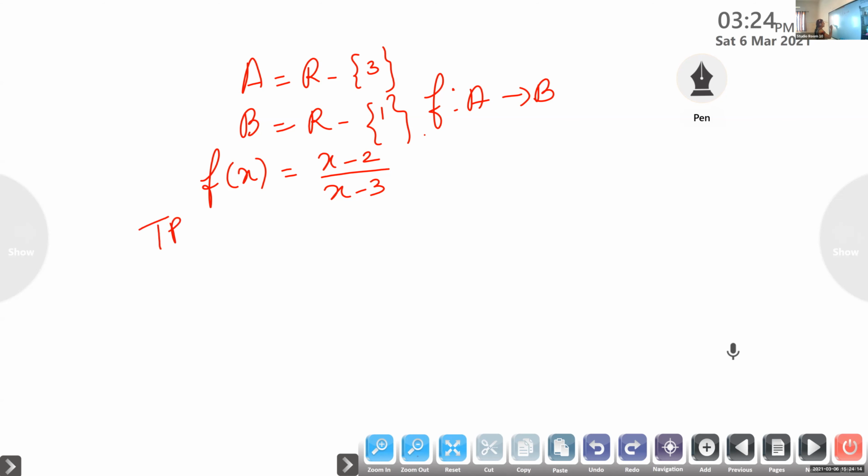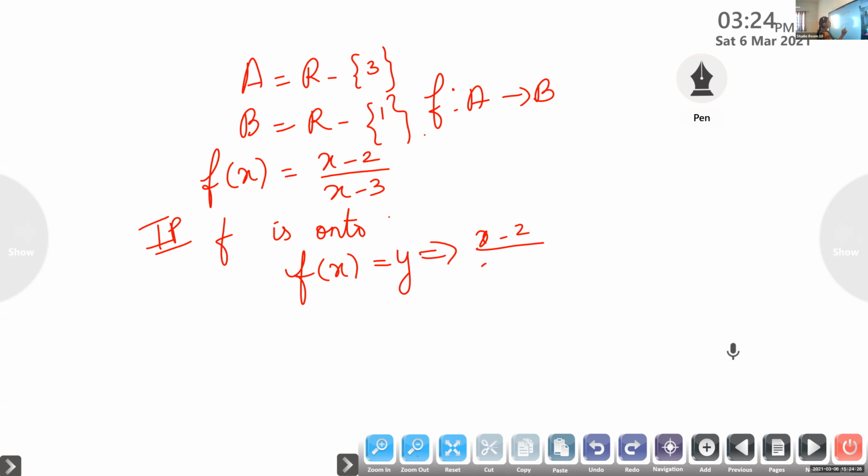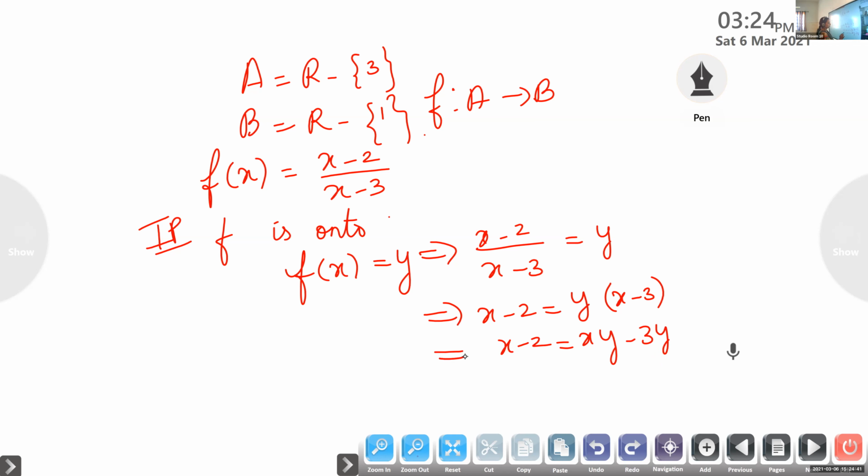So to prove f is onto, you take f of x is equal to y. That implies (x minus 2) by (x minus 3) is equal to y. When you cross multiply, x minus 2 is equal to y into (x minus 3). So that is xy minus 3y is x minus 2.